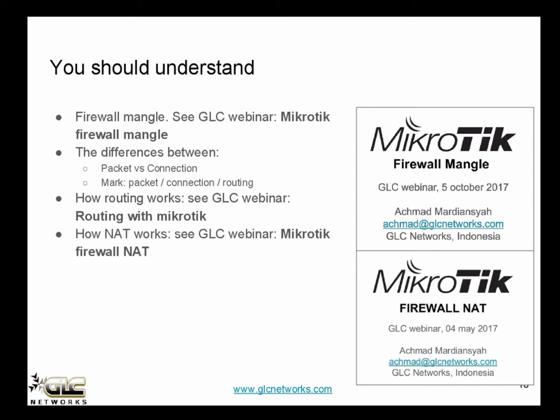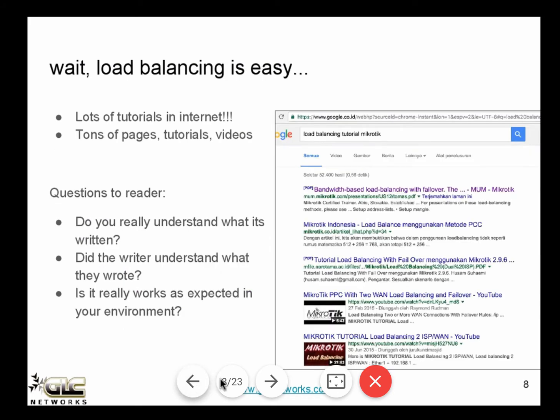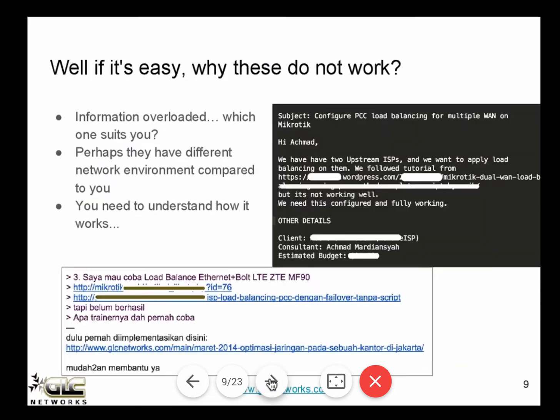Okay, so here, advice for training. Well, I haven't put the sequence for Mikrotik training here. If you go to mikrotik.com, there will be a sequence of Mikrotik training. First is the MTCNA.